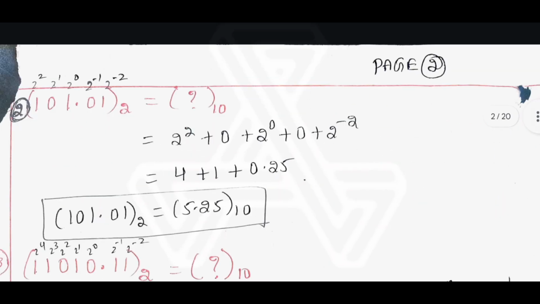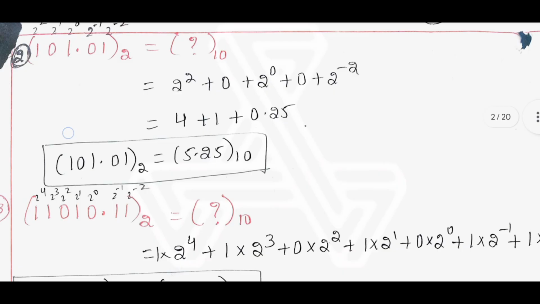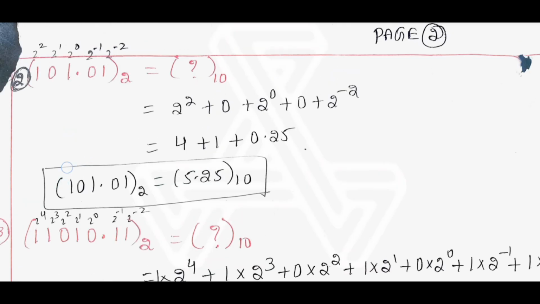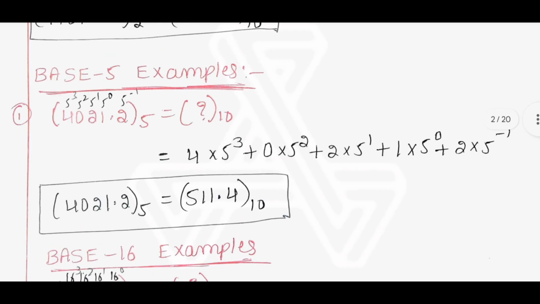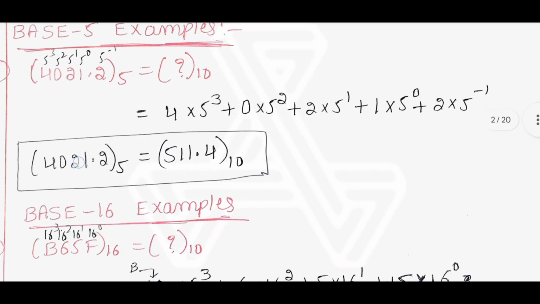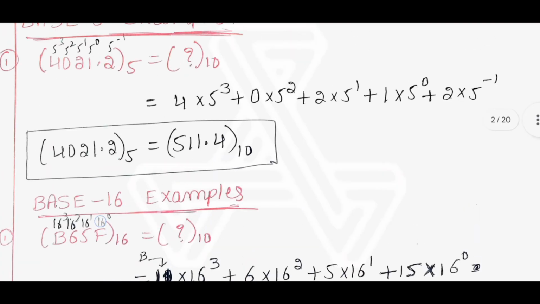We have 1 into 2 power 2 plus 0 plus 2 in 2 power 0, and 2 into minus 2. We'll be getting the decimal value. Base 5 examples: 4 into 5 power 3, then 0 into 5 power 2, and so on.